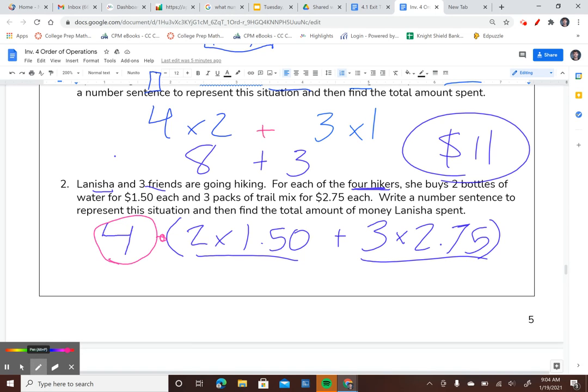And so here, if we do what's inside the parentheses first, right? Because PEMDAS, we got to start with the parentheses. This would turn into $3, 2 times 1.50, plus 3 times 2.75. Let's see, 3 times 2 would give me 6. And then 3 times 75 cents would give me $2.25.